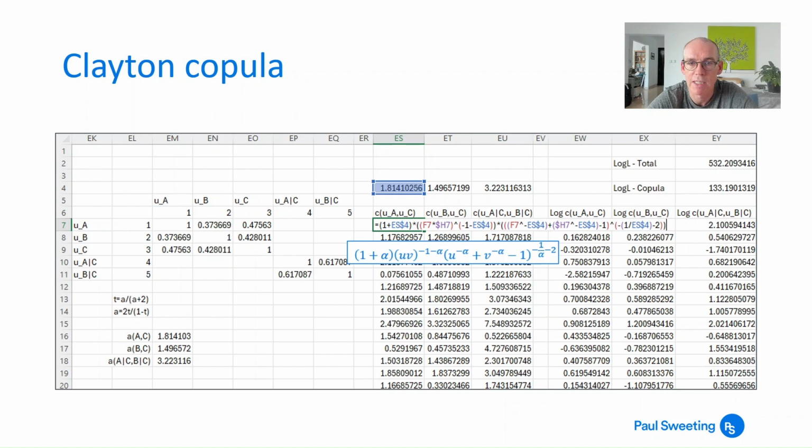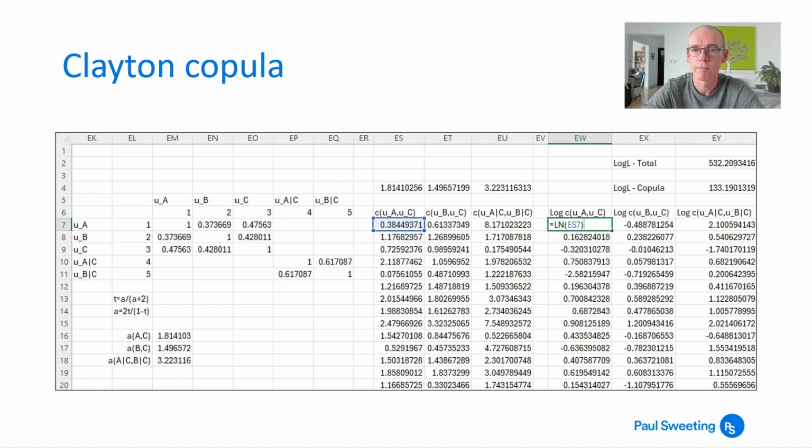So we take that, that also uses alpha as an input, and the value there, ES4, you'll see is just copied over from EM16. It's actually a transpose of those 3 values of alpha from EM16 to EM18. So that gives us our copula density.